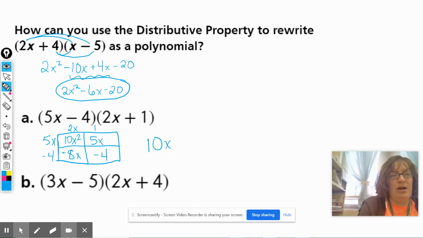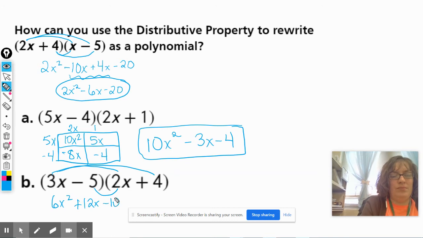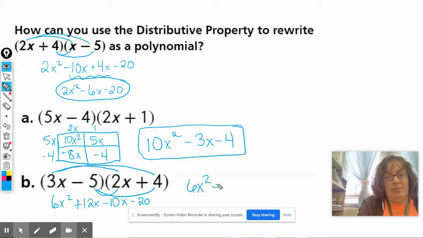So my answer here on A would be 10x squared minus 3x minus 4. And then my answer here on B would be 6x squared plus 2x minus 20.